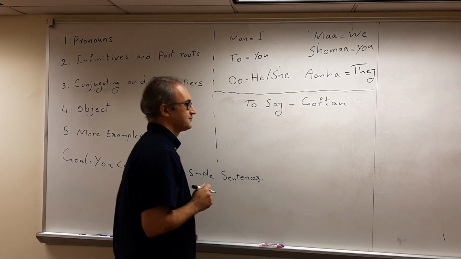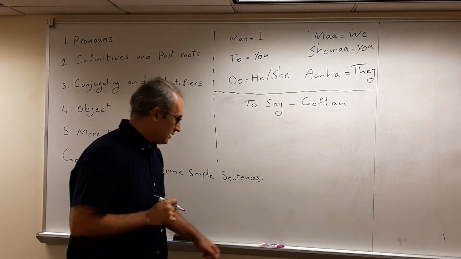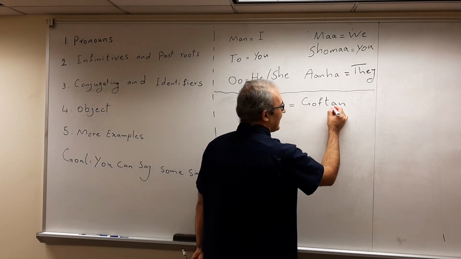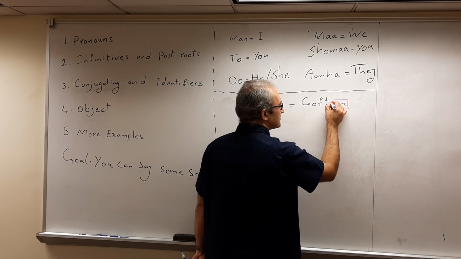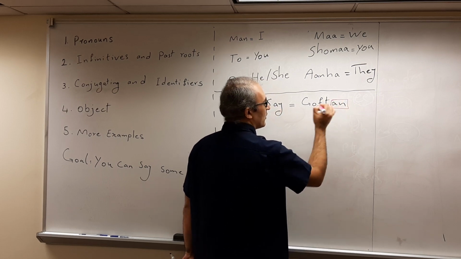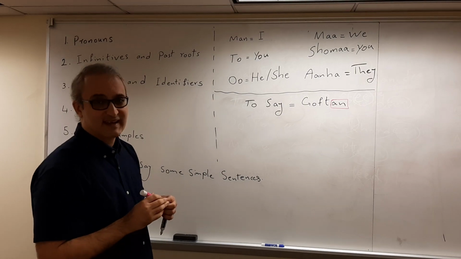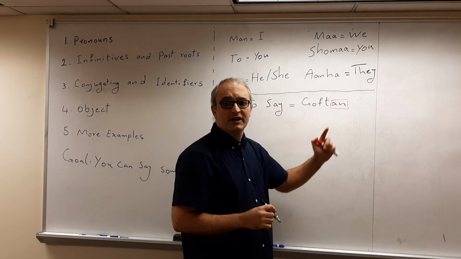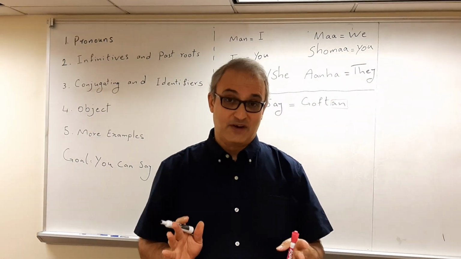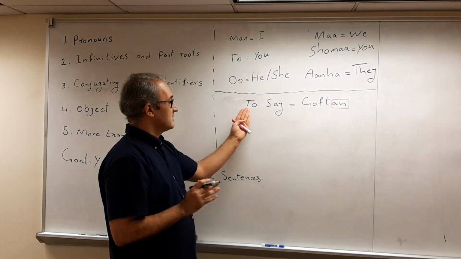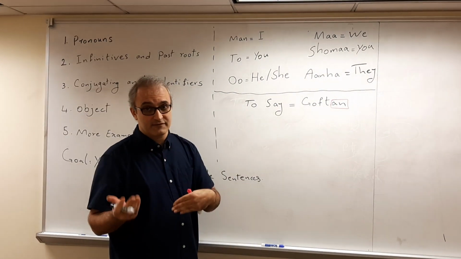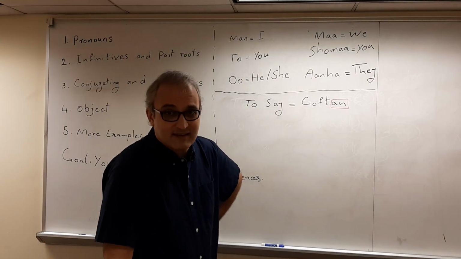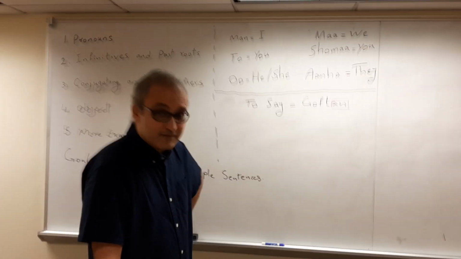As you see here, A and N, we call it N, گفتن. This is the identifier of an infinitive in Farsi. Like English, where to is an identifier for infinitive. So, گفتن is an infinitive.